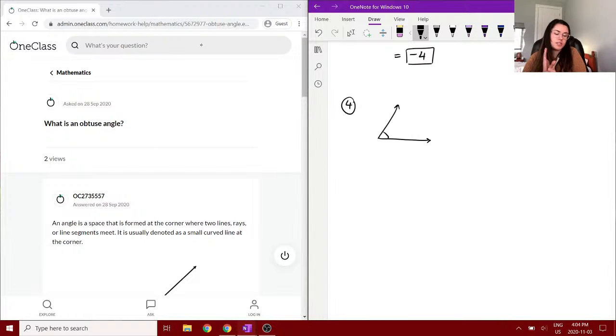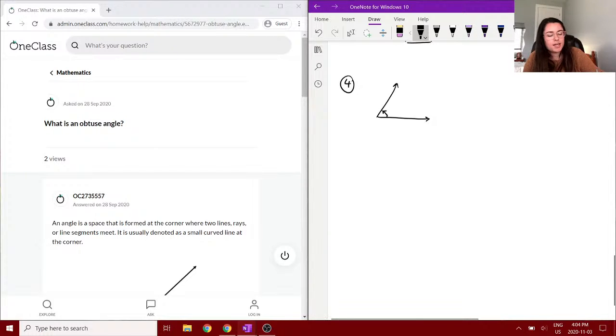So these could be lines, rays, vectors, whatever. And it's usually denoted like this with the curved line, sometimes with a little arrow, and that's the angle in between two lines, okay? So we have 3 different main types of angles we typically look at.